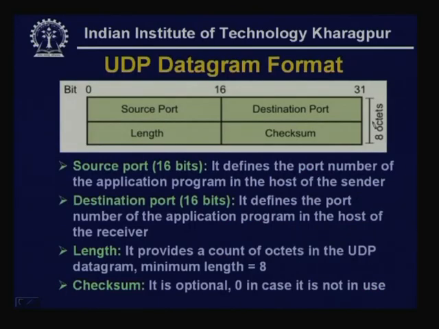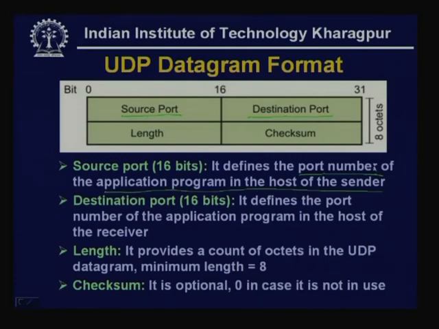So here is the UDP datagram format. As you can see, it has a source port and a destination port. The source port defines the port number of the application program in the host of the sender.